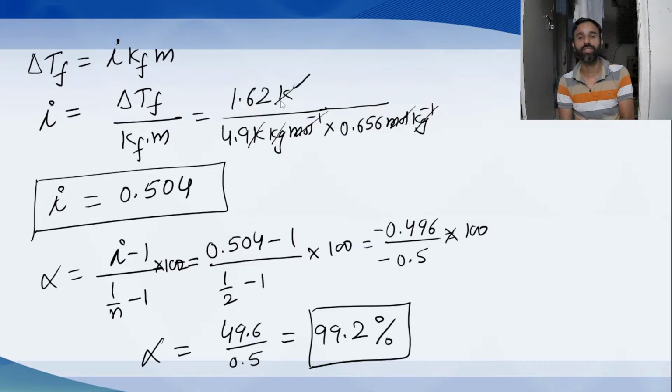So i has no unit at all, because i is a ratio of like quantities, of colligative properties, like that only. Okay. Thank you all.